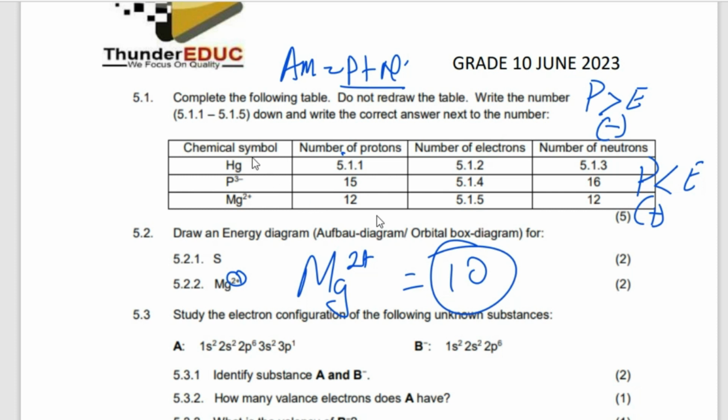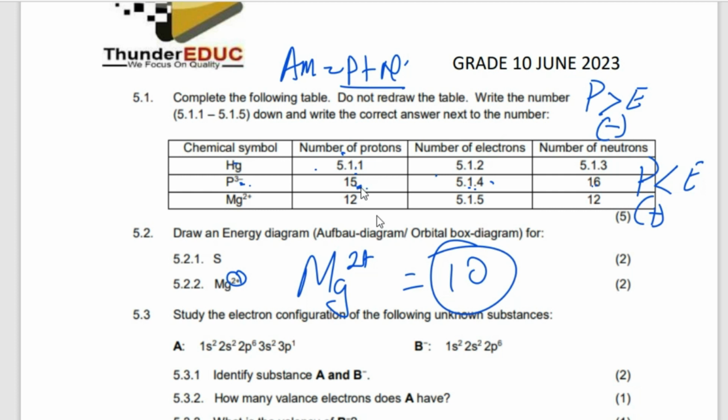Now this one is phosphorus, 15. But this one is having 3. So neutrons are going to be 15, because neutrons are not exactly the same as protons. But electrons is going to be the number of protons.